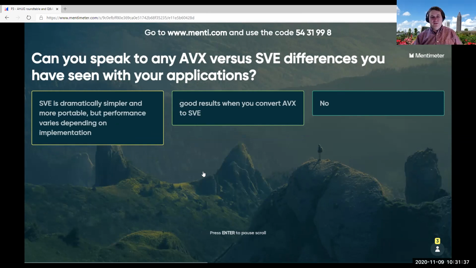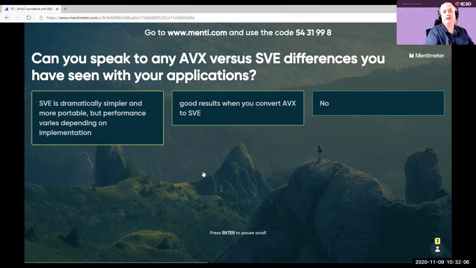The question was, if you're testing an application, and I think this speaks to people who have worked on multiple systems, so definitely Sai and John have worked on a lot of different x86 and ARM systems, can you speak to differences in terms of performance and also programmability for AVX versus SVE?